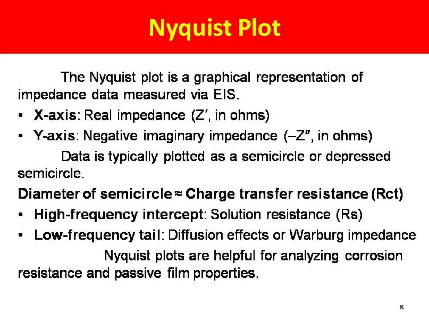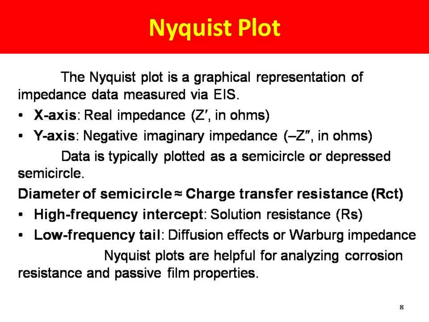It is a graphical representation of impedance data measured via electrochemical impedance spectroscopy. The X-axis is the real impedance axis and on the Y-axis the negative imaginary impedance values are plotted. Data is typically plotted as a semicircle or depressed semicircle.